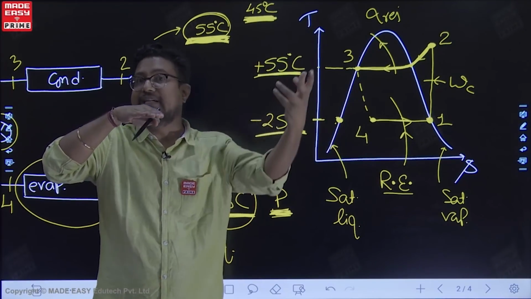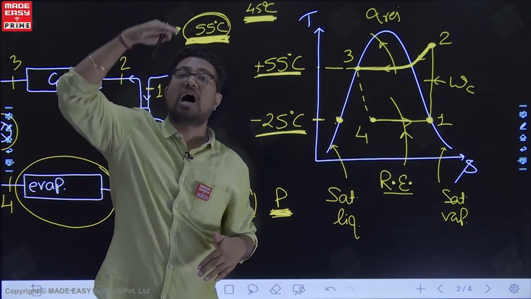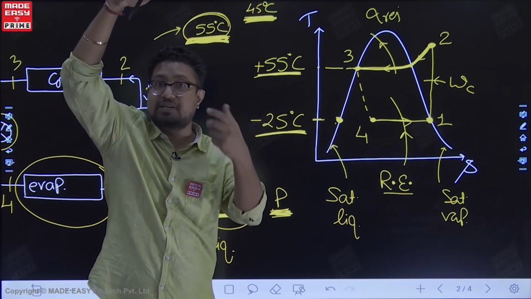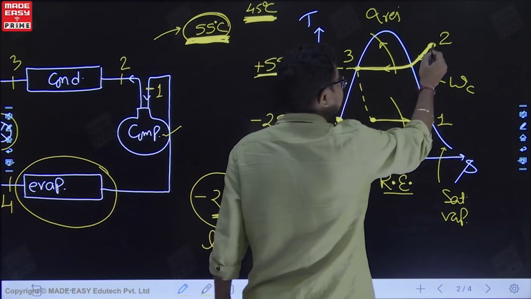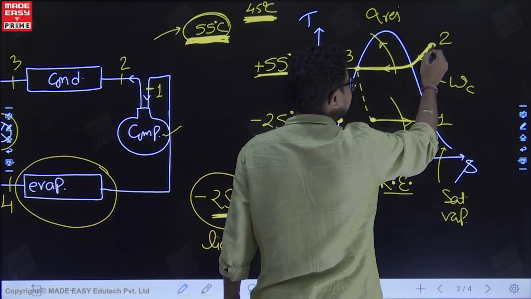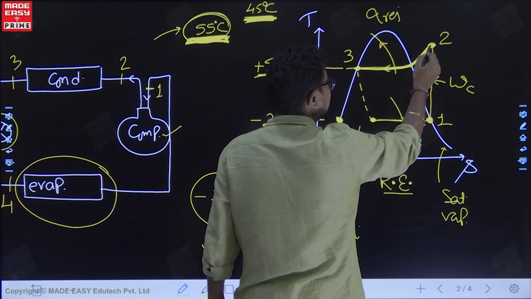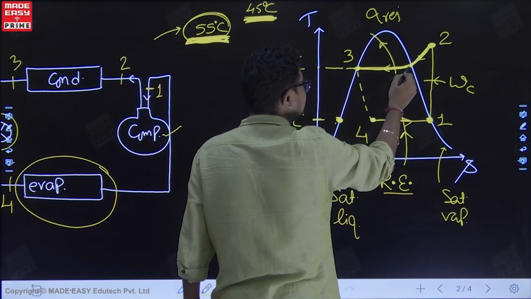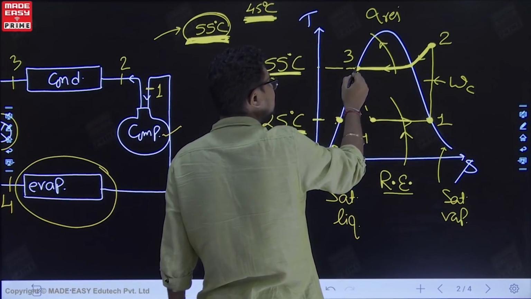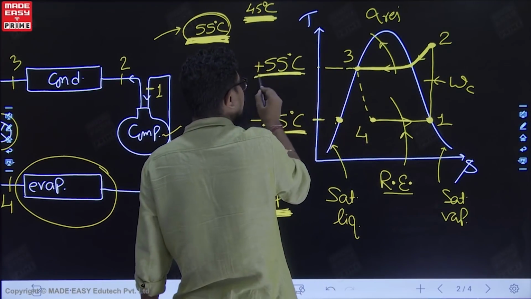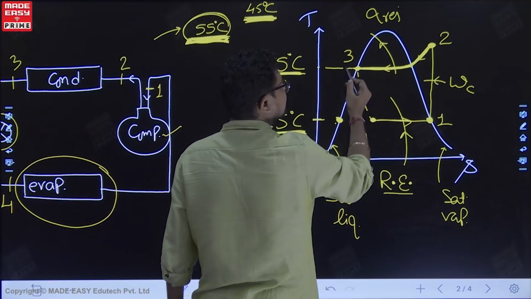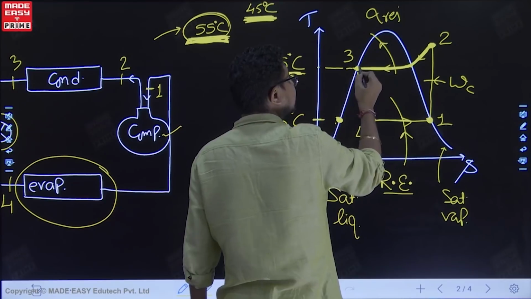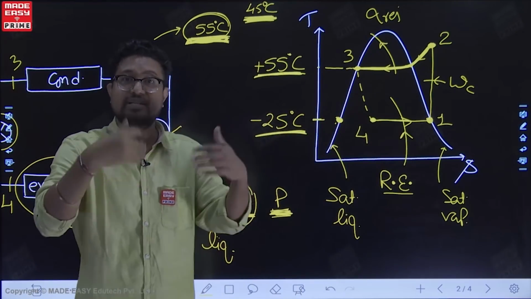When you want to reject heat, you compress the vapor to a high pressure so that when you reject the heat at this constant pressure, we are above the surroundings and still we are able to reject a lot of energy, because vapor converting into liquid means all the latent energy you have rejected.